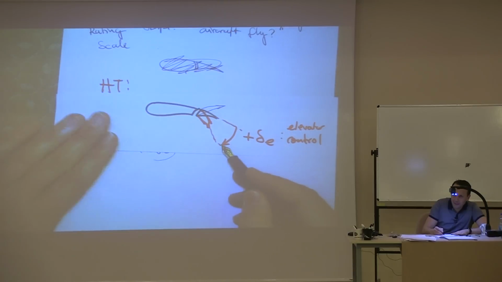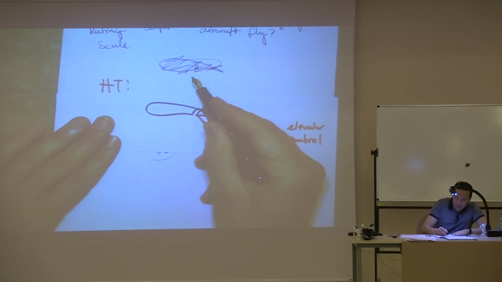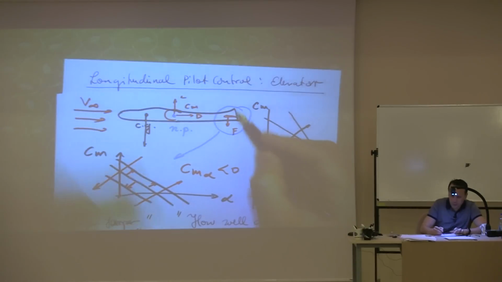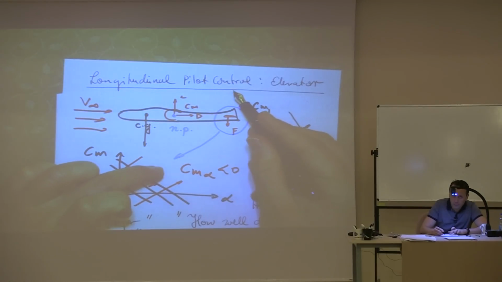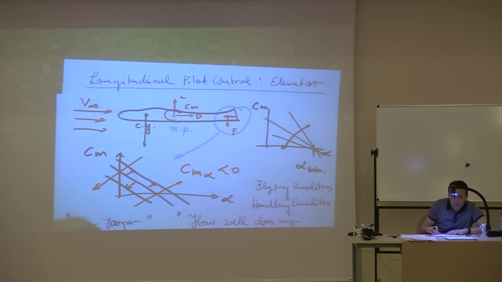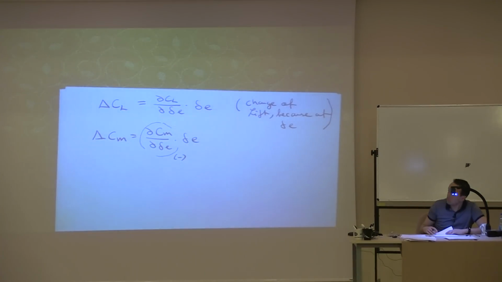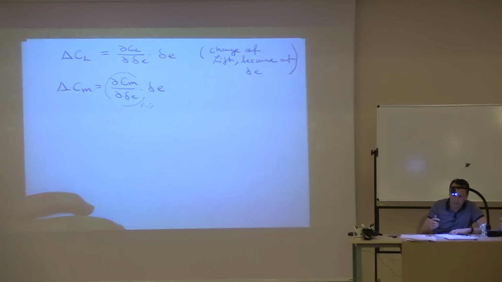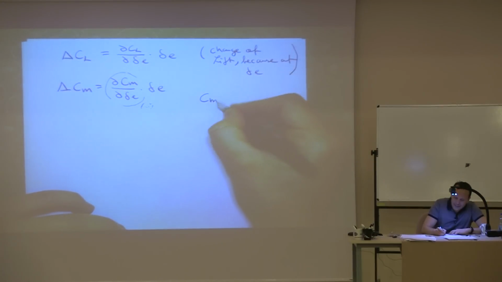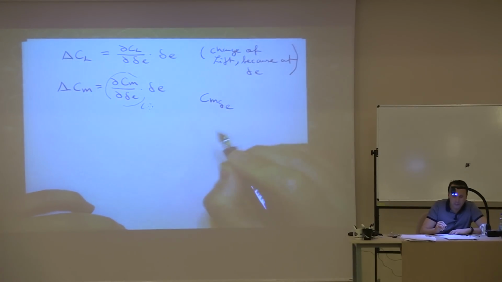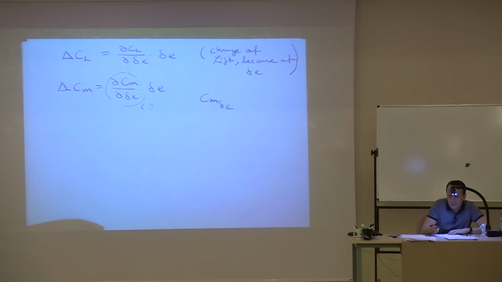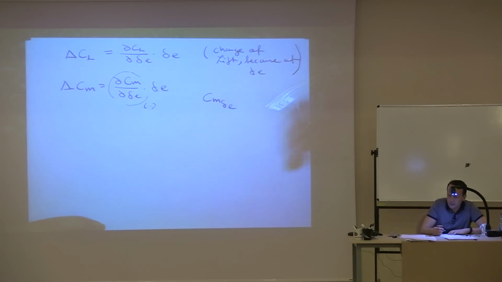Negative, of course, because if you have positive like this, you get more lift in this direction, and because you get more lift in this direction, you will have a nose down, so it will be a negative moment, isn't it? So that should be negative here. So del CM del E, it's a partial derivative, okay? It's typically negative. Okay, it's typically negative.